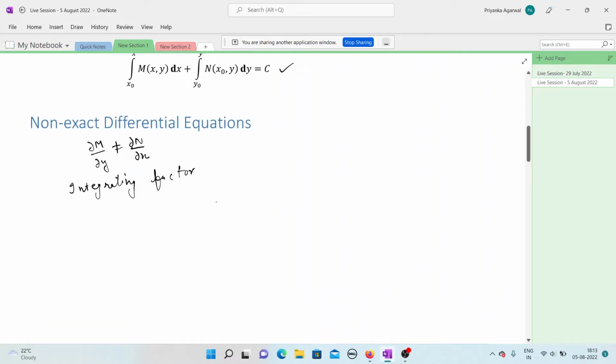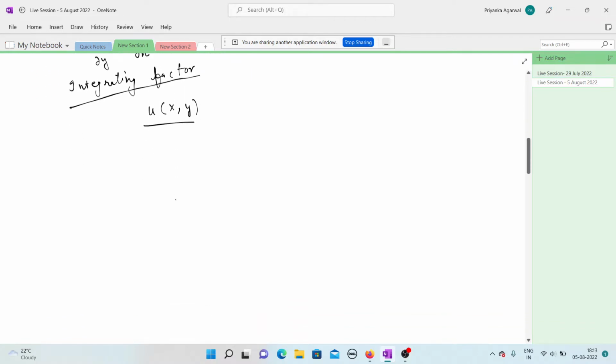Now, the non-exact differential equations are those which do not fulfill this criterion for exactness, that is, dou M over dou y is not equal to dou N over dou x. To convert these non-exact differential equations to exact ones, we take the help of something called an integrating factor. Let's say the integrating factor is of the form u(x,y). If we multiply this integrating factor to the entire given differential equation, the equation will become exact.